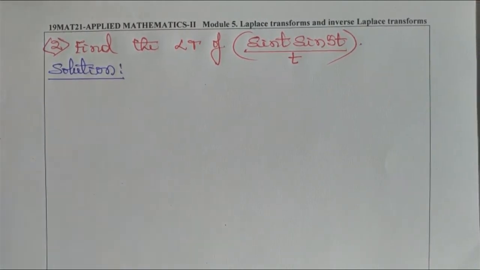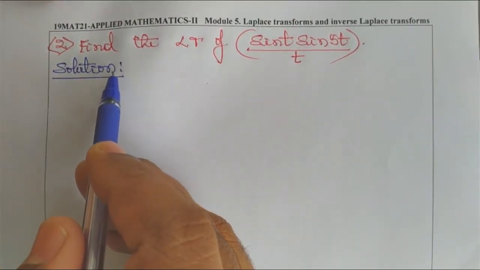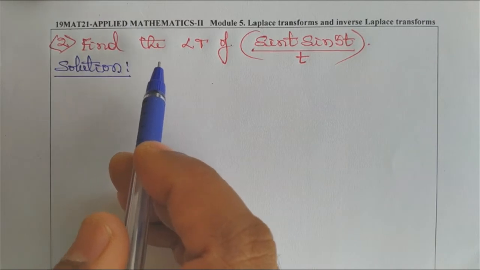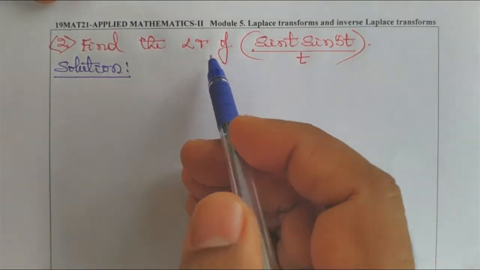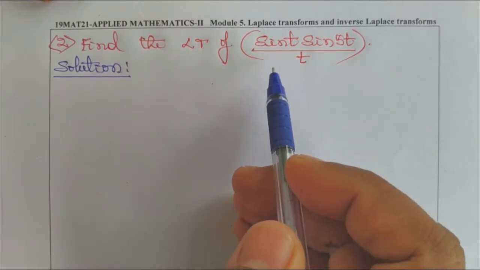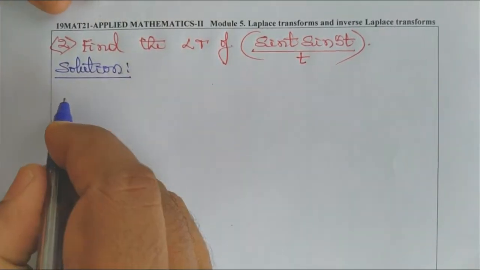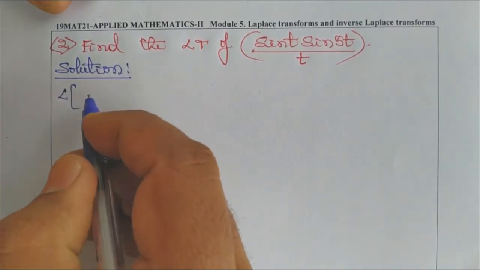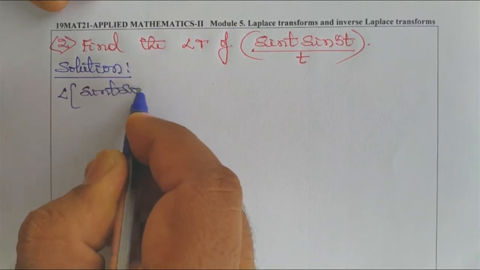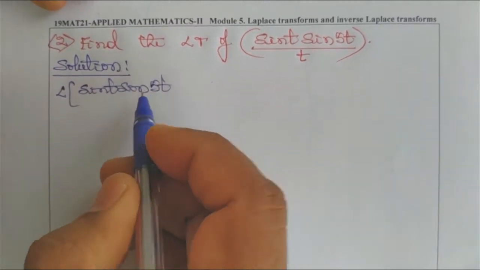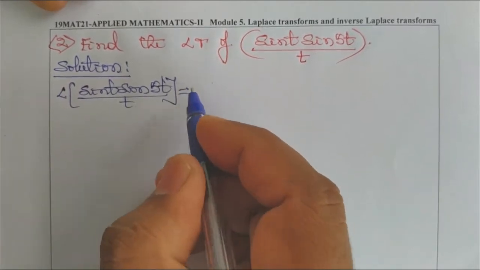Next. Now, second problem: find the Laplace transform of sin t into sin 5t divided by t. Now, how to do this one? Here f of t is sin t into sin 5t.